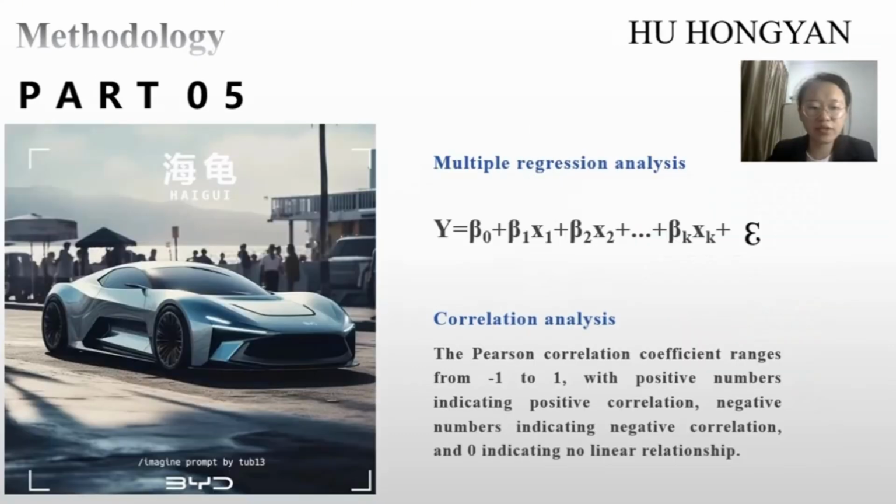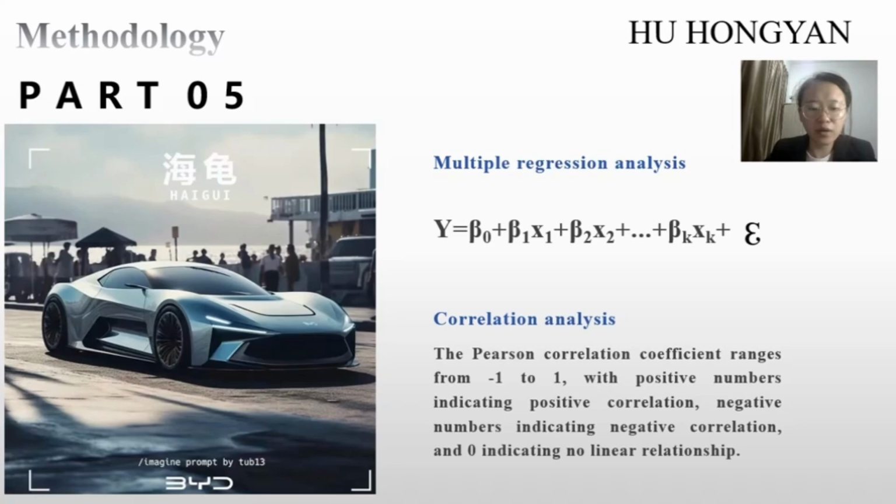Next is the research methodology. In my paper, I mainly used the multiple linear regression model and the correlation analysis. Multiple linear regression allows us to consider multiple independent variables at the same time and measure their impact on the dependent variable.